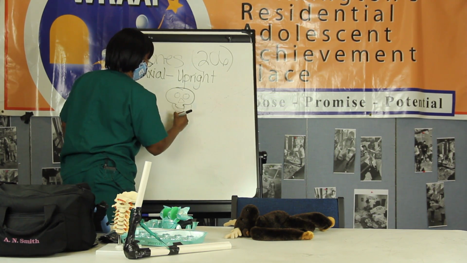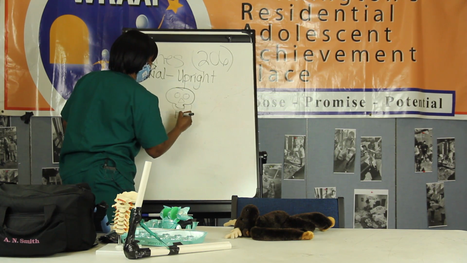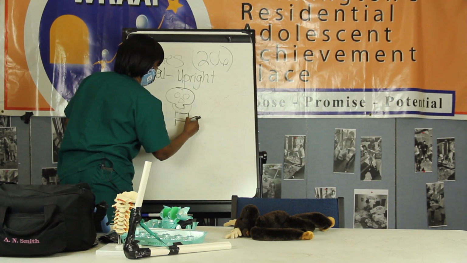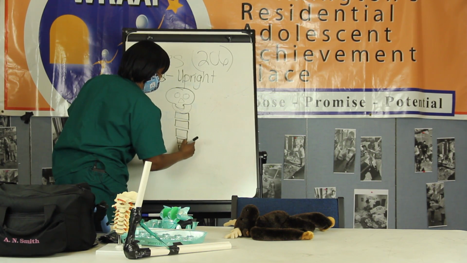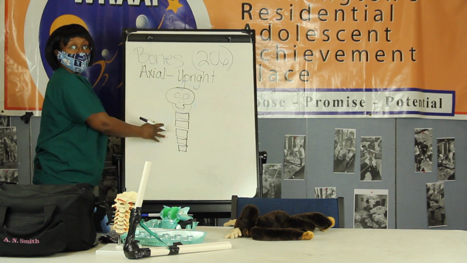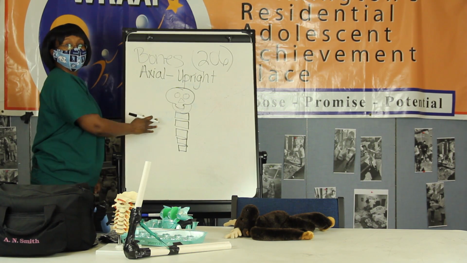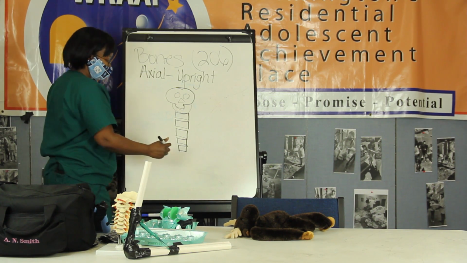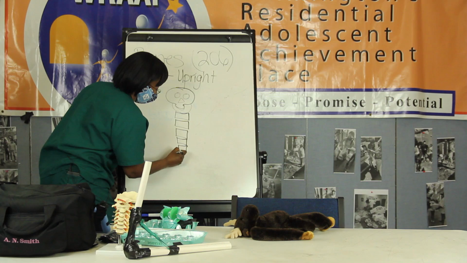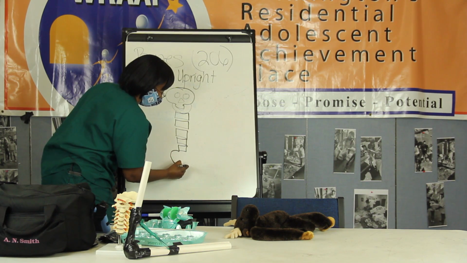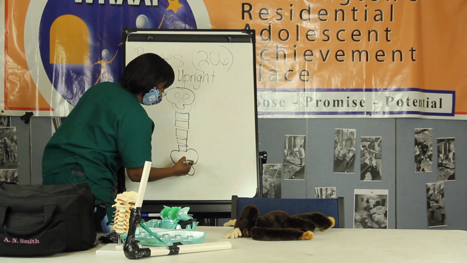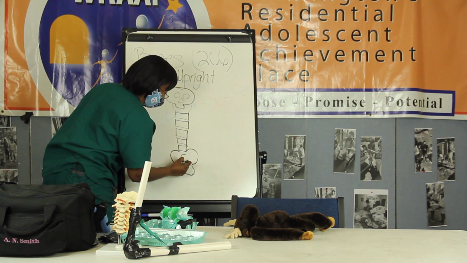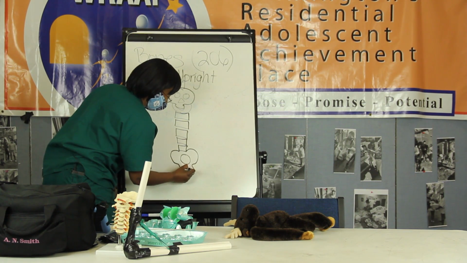After that, we have the spinal column, square bones. Now, I'm only drawing a few of them, but there's a lot of bones in the spine. And then next, we have the pelvis. That's my attempt at drawing the pelvis. I know it when I see it, though.